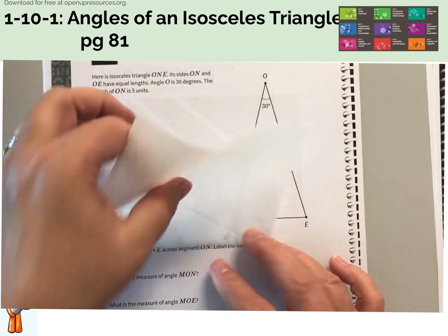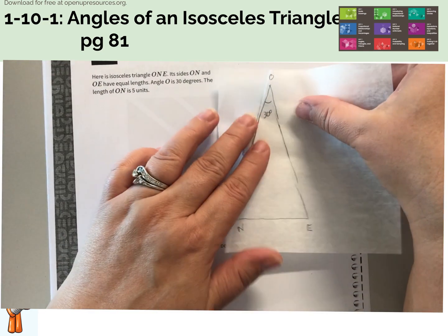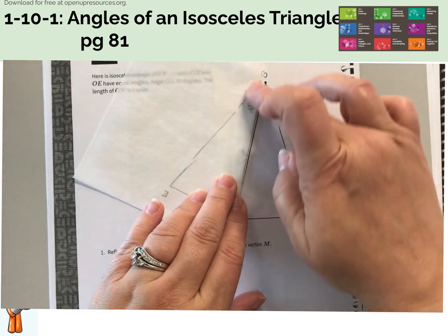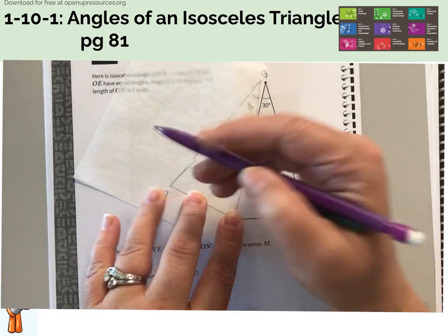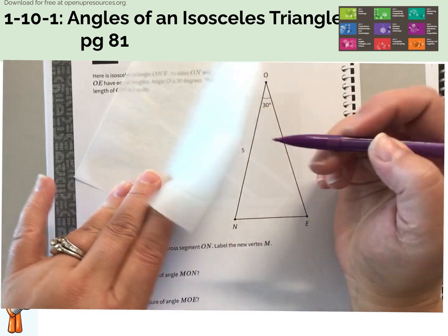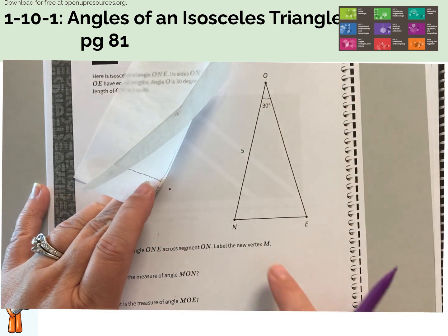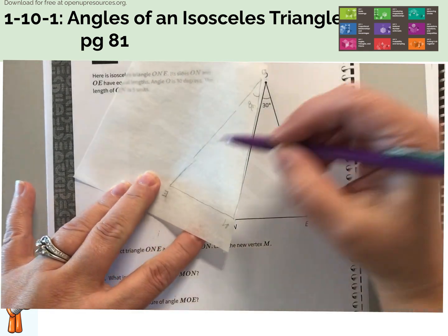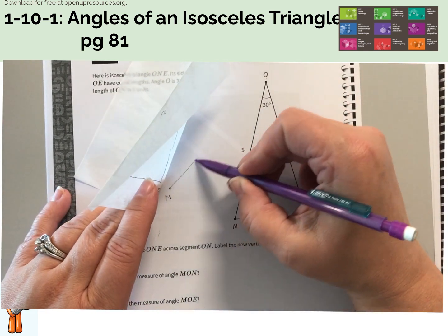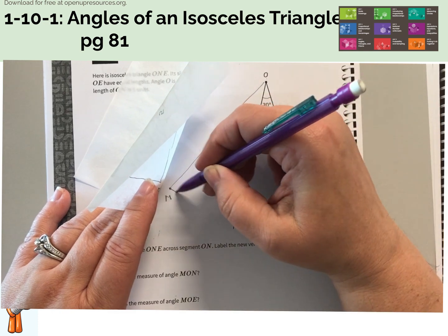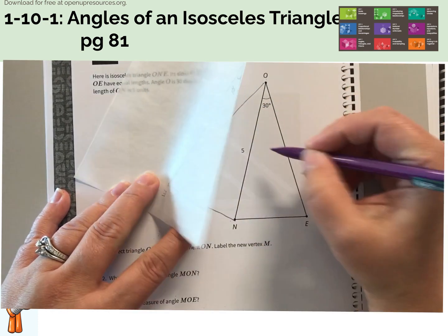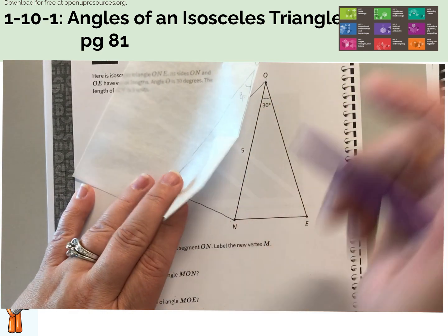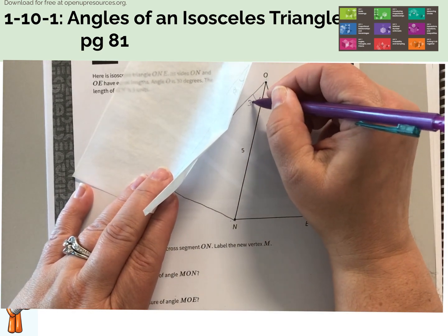Okay, so we're going to take it and reflect it. All right, so here is that new point, and they wanted us to label a new point M. So this is here, this is here. Notice how the 5 is the same, and up here is 30 degrees.